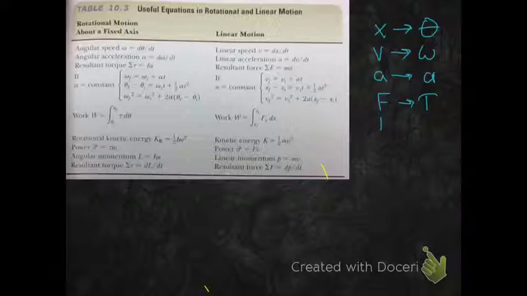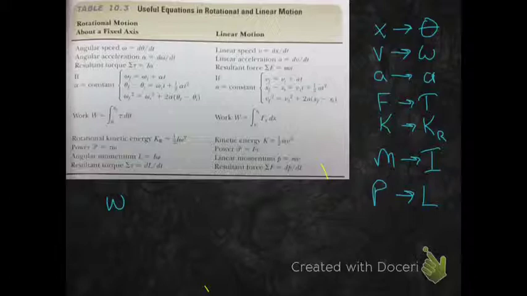Then the force F is replaced by tau, torque. Kinetic energy, K, is replaced by rotational kinetic energy. And mass is replaced by moment of inertia, I. And momentum, P, is replaced by L, angular momentum.